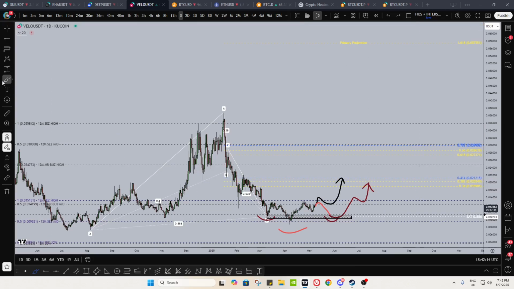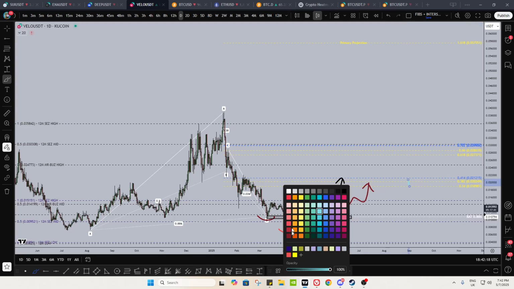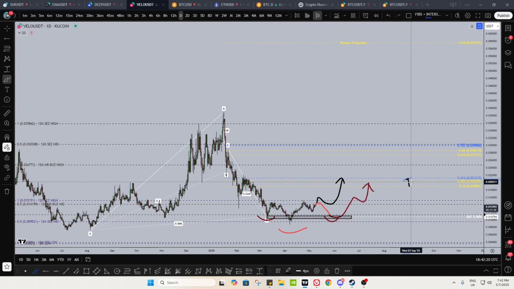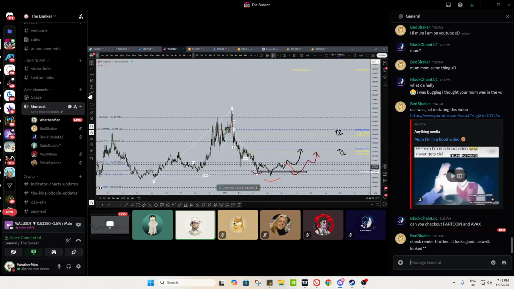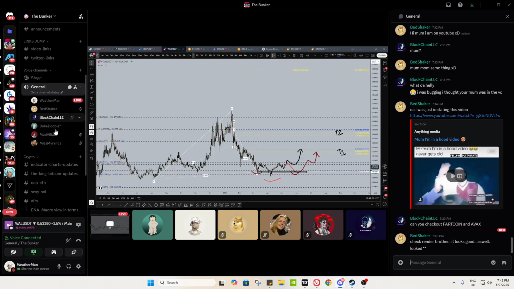So let me go ahead and, why have I got that color, man? One sec. Right. T1, T2, and then yeah, primary projection. That's already written there. There you go. So let me do that, and then I'll go ahead and I'll put it in the server. One sec. Yeah, I'll take a look at Render too, bro. Don't worry.